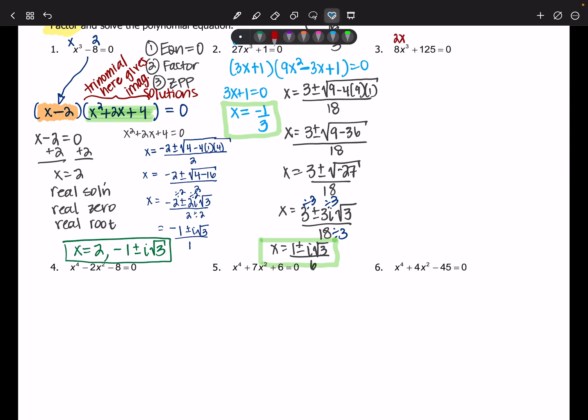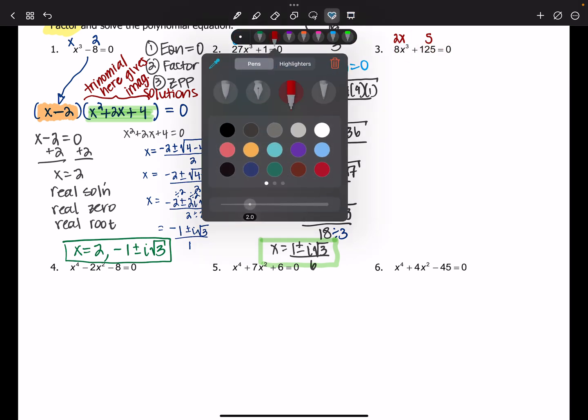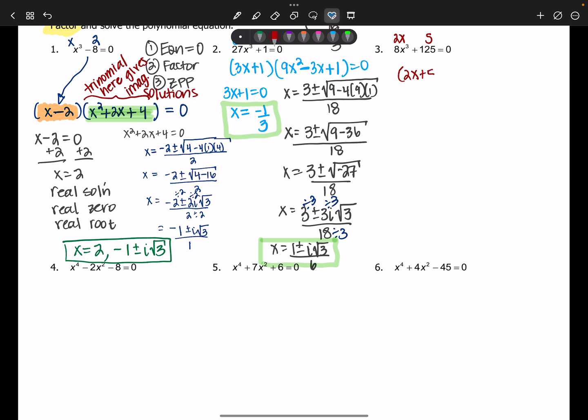8x cubed is a cube of 2x. 125 is a cube of 5. Because this sum of two cubes is equal to 0, I'm just going to factor and use the zero product property. So I've got 2x plus 5, and then my trinomial is going to be 4x squared minus 10x plus 25. This factor gives me x equals negative 5 halves.